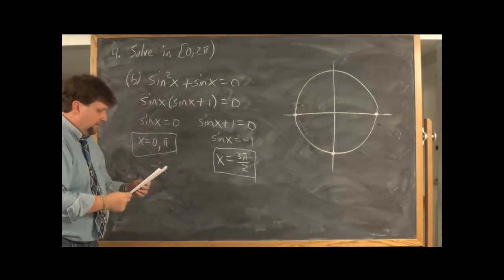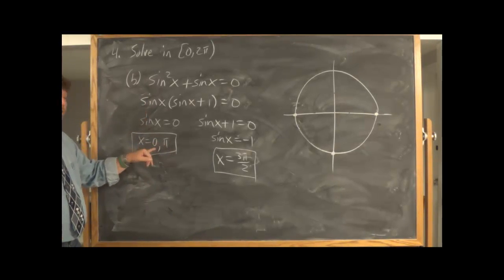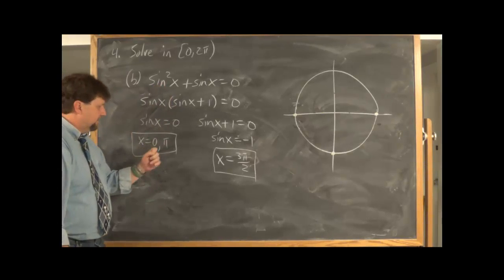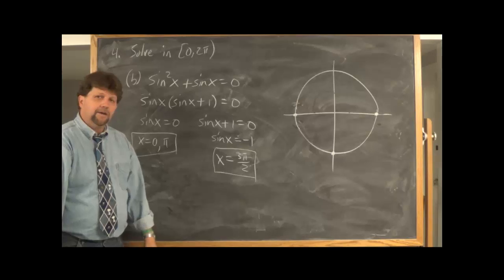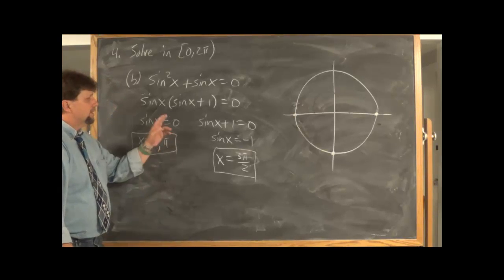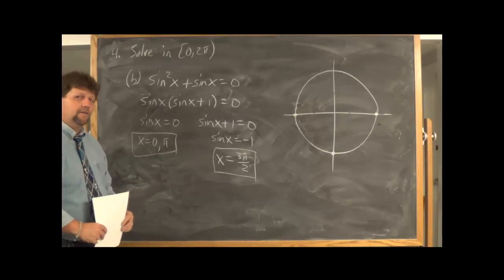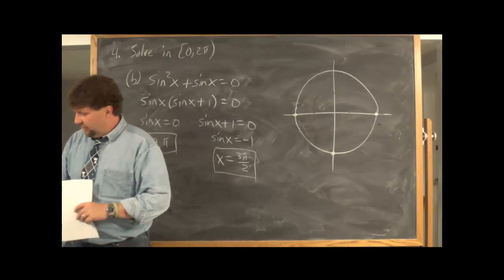And that would be the 3 solutions to the equation in part B. X is 0, pi, and 3 pi over 2. So hopefully you have that for part B. If you need to write anything down, hit pause, because I'm going to erase.